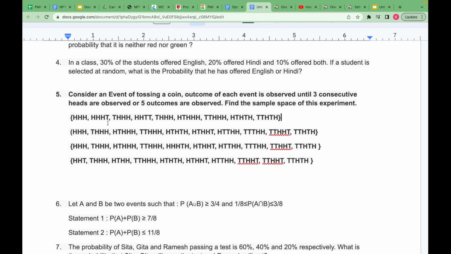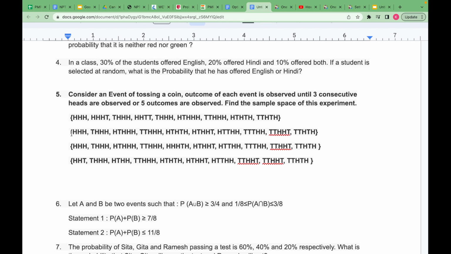This is not correct, because we are observing the outcome until three consecutive heads occur. After three heads occur, we will stop our experiment. So this is not correct. Okay, this heads and tails, because after three heads we will stop our experiment. So this option is wrong.